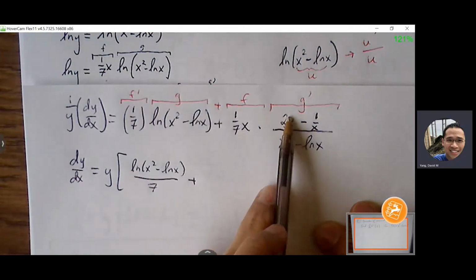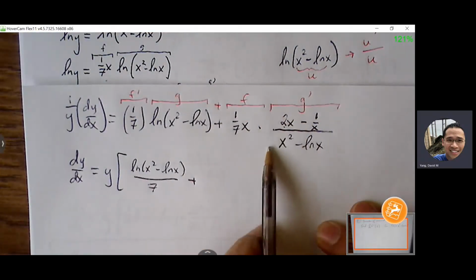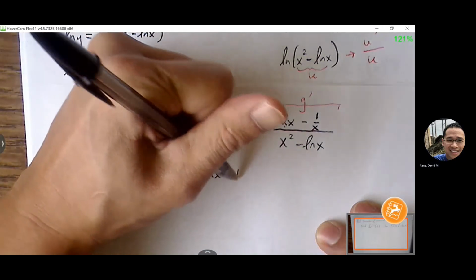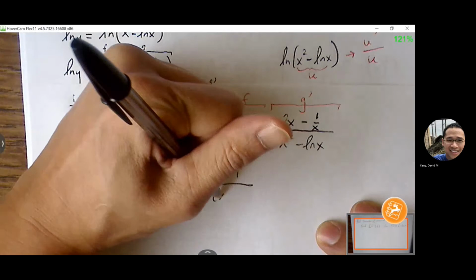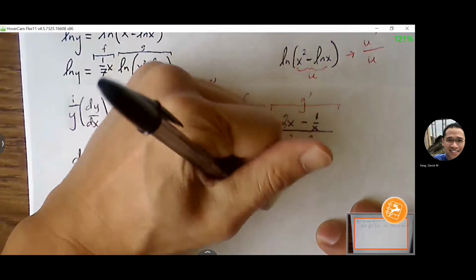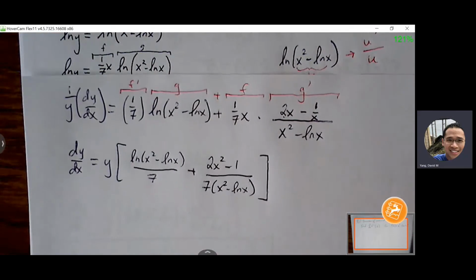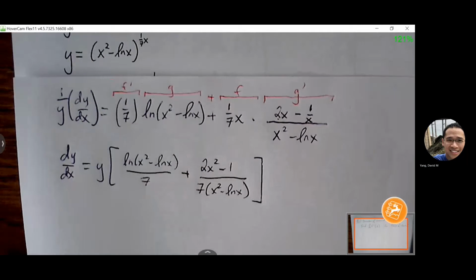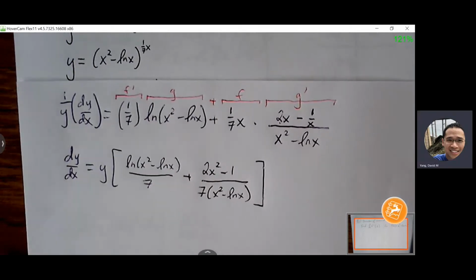I'll distribute the x through and the 7 to the bottom. And finally, the y back in terms of x, or the original problem.